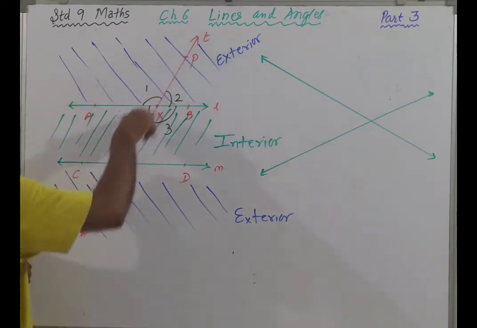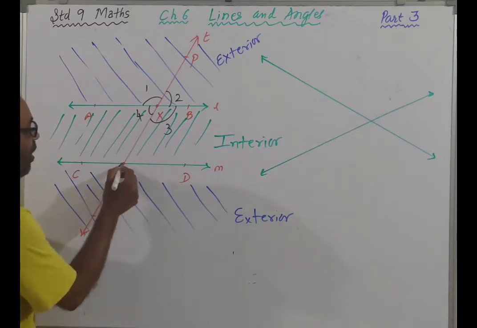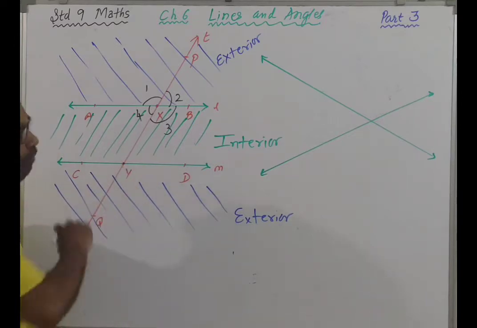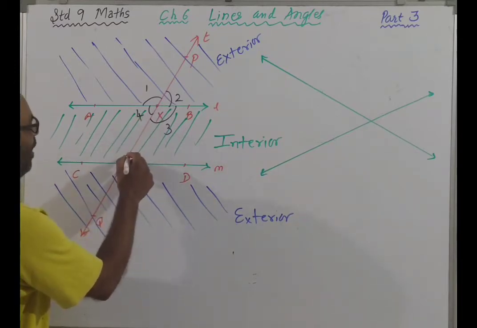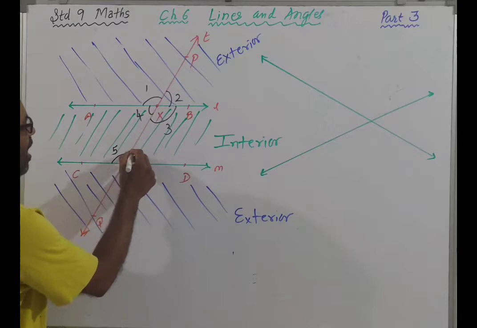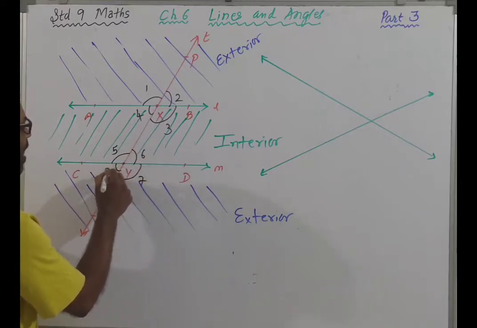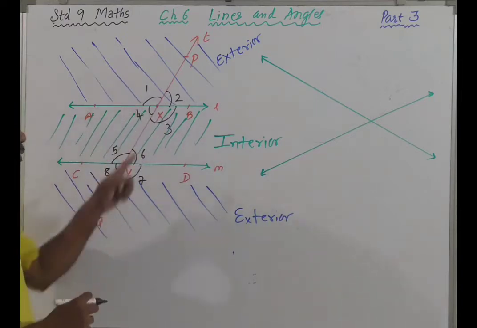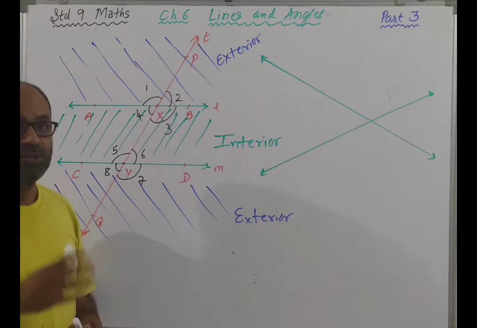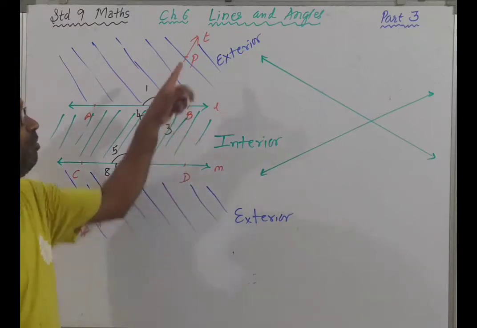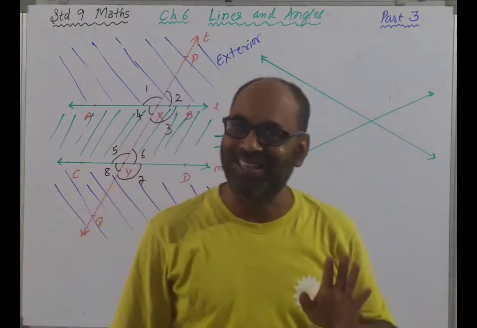Same way, the red line and green line M also intersect at Y, so 4 angles would be formed here as well. I'll continue numbering: angle 5, angle 6, angle 7 and angle 8. So 4 angles at the first point of intersection and 4 angles at the second, totally 8 angles are formed when a transversal of two coplanar lines is given.